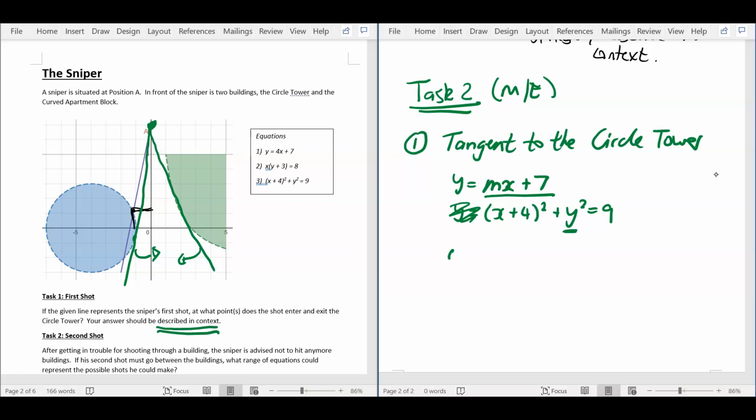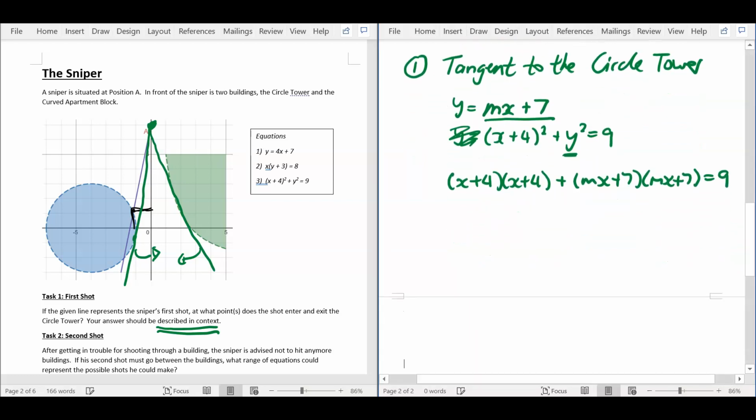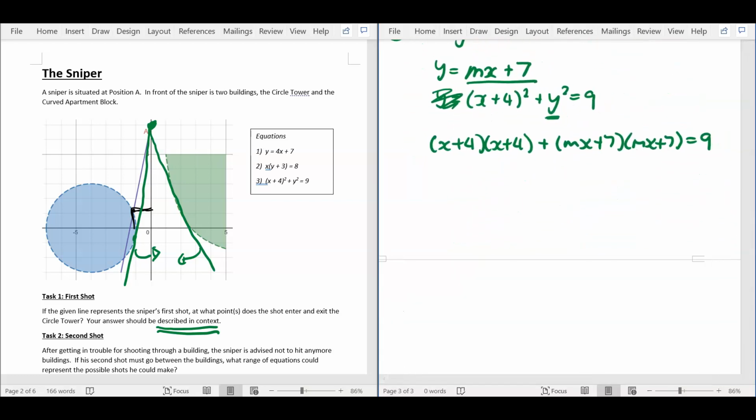So we're going to have (x plus 4)(x plus 4) plus (mx plus 7)(mx plus 7) equal to 9. So don't forget, we've already done the double brackets because that is one of the most common issues that I see coming from this lot of algebra.